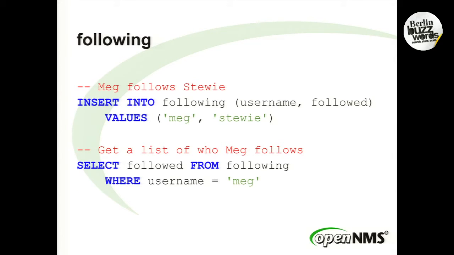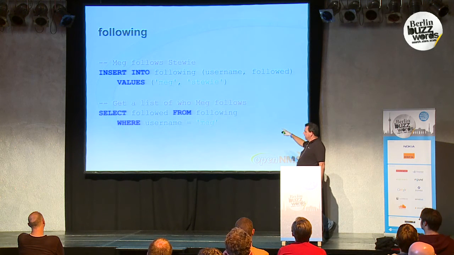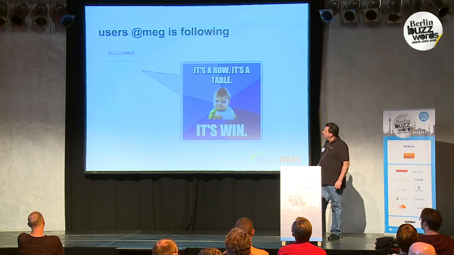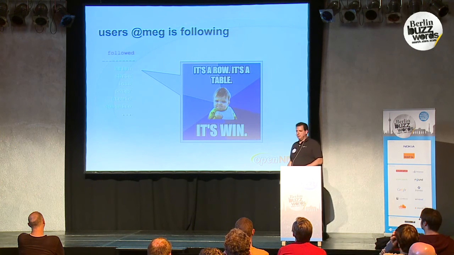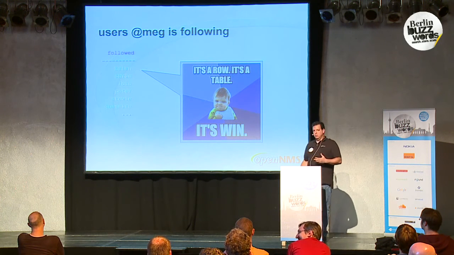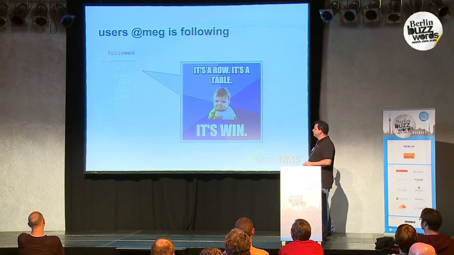Wherever username is Meg in this insert statement, under the covers within Cassandra, that's all going to be put into one row. But every time we insert with a different followed attribute, it's going to add that additional followed. And if we query select followed from following where username is Meg, we get back a nice tabular result set that includes all of the users whom Meg follows.